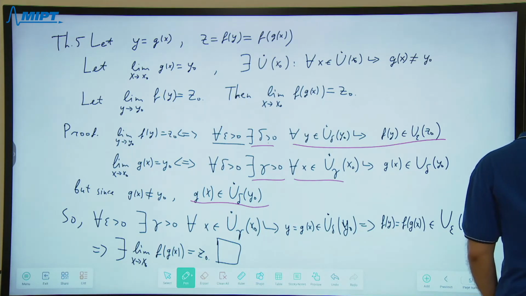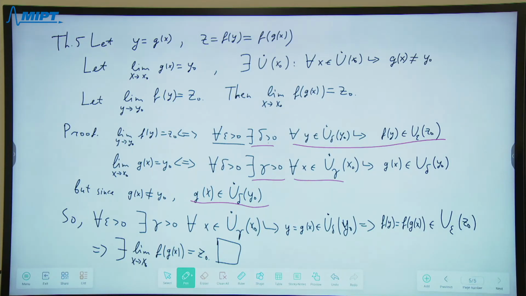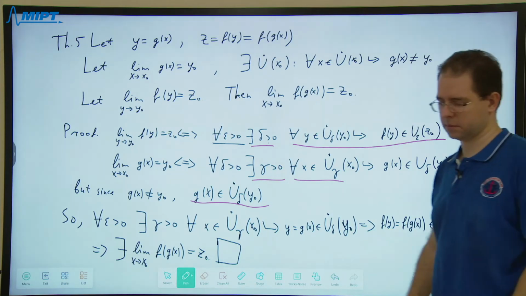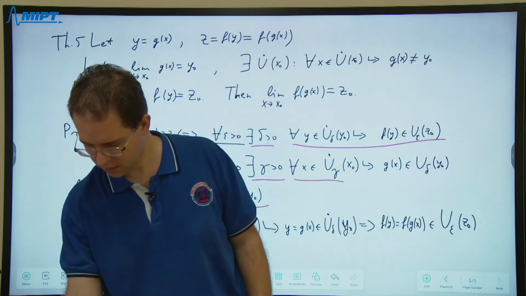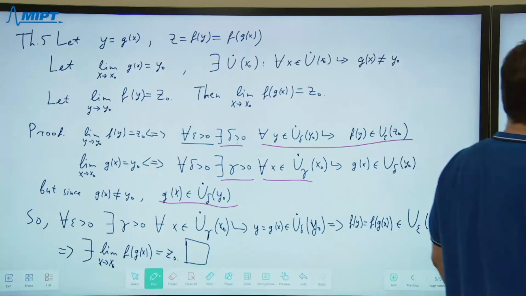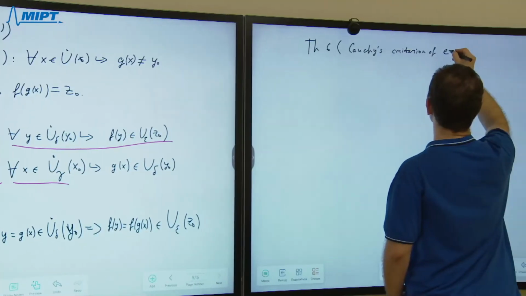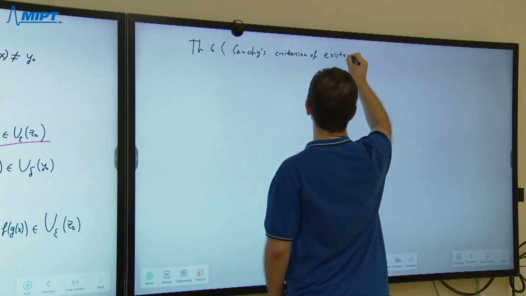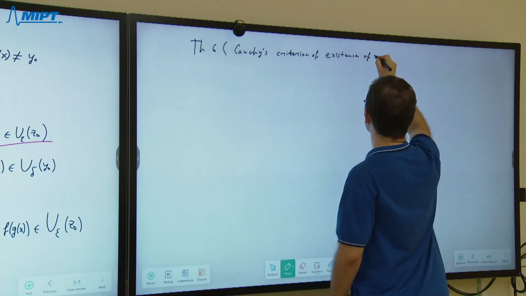Theorem 6. Cauchy's criterion. Existence of a limit.